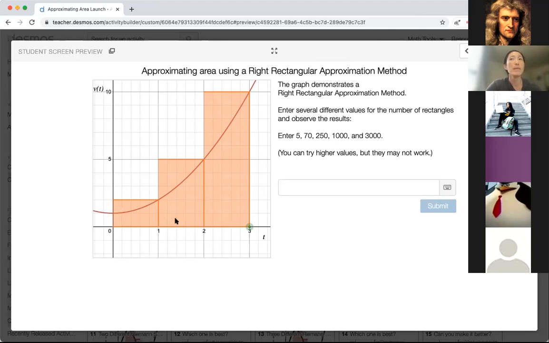So if I pick the middle rectangle, the interval goes from 1 to 2. 2, the number 2 is on the right-hand side of that interval. And so the height of this rectangle is going to be at the height or the y value of the x value on the right-hand side. Okay.